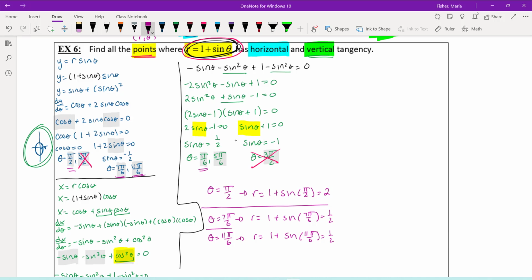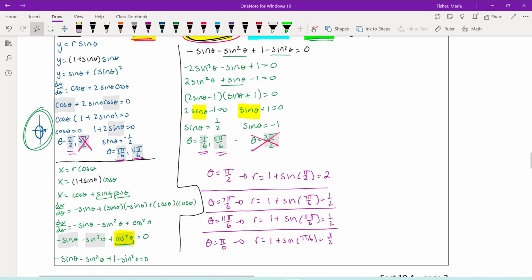When theta is equal to pi over 6, I get r equals 1 plus the sine of pi over 6, and that's going to be 3 halves. Last one is 5 pi over 6. When theta is equal to 5 pi over 6, r is going to equal 1 plus the sine of 5 pi over 6, which is 3 halves.